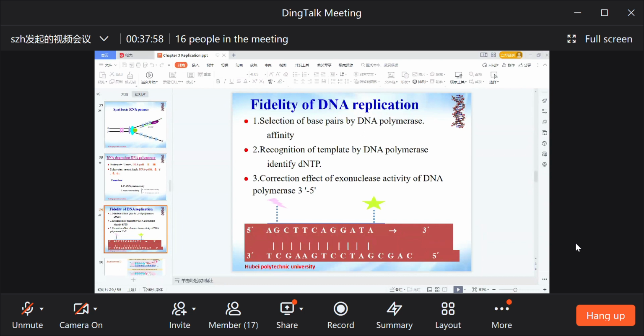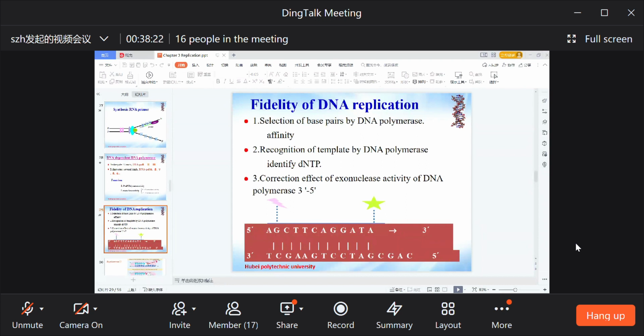For eukaryotic organisms, every kind of polymerase has a different function. Polymerase alpha synthesizes the lagging strand, and beta takes part in DNA repair, like polymerase 1 in prokaryotic organisms.